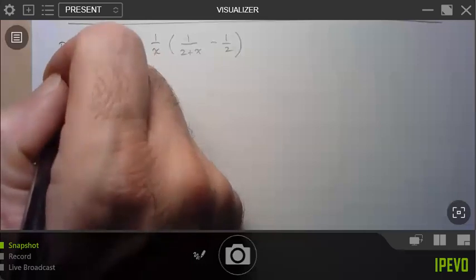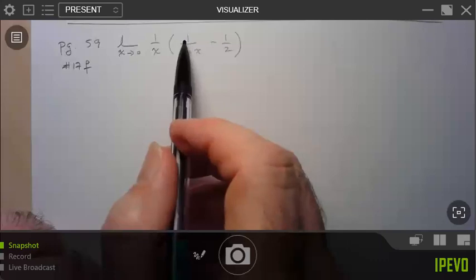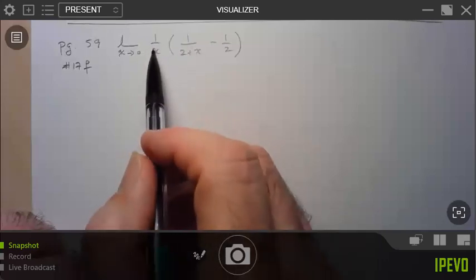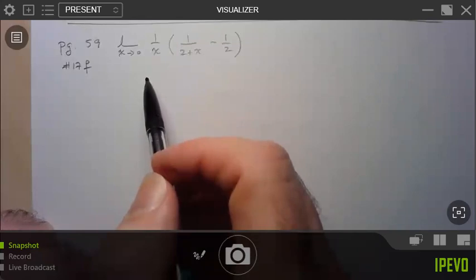This is 17F. But can you see that multiplying something by 1 over x is the same as doing what? Dividing by x. Yeah.